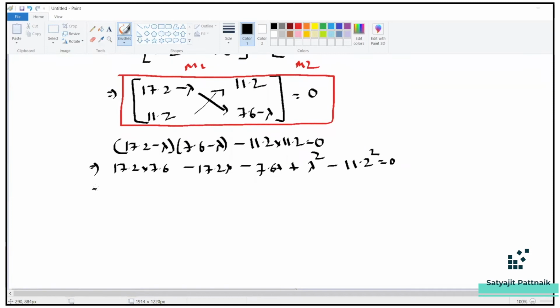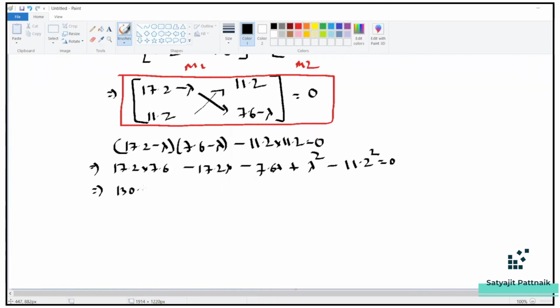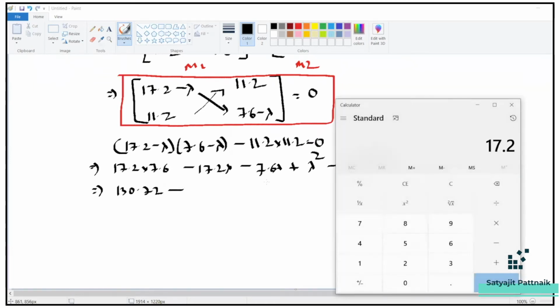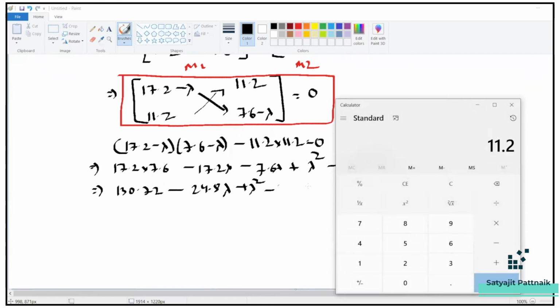Okay. Now let's calculate this. 17.2 into 7.6 is 130.72, minus (17.2 plus 7.6) which is 24.8 lambda, plus lambda square, minus 11.2 into 11.2, which is 125.44.